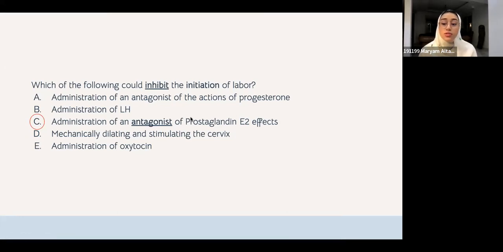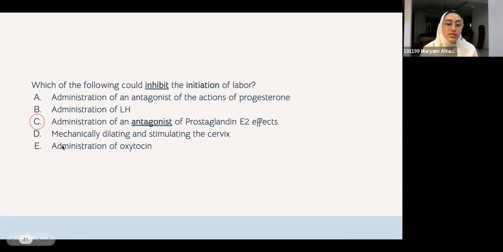So if I want to stop this dilation and effacement and the initial process that starts labor from happening, I need to give something that stops my prostaglandin E2. And so that's why this is the answer here. Administration of an antagonist, meaning something that works against the effects of prostaglandin E2.